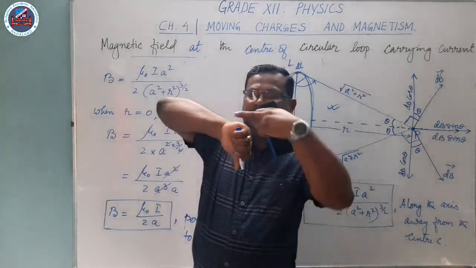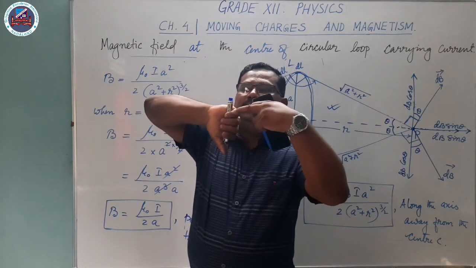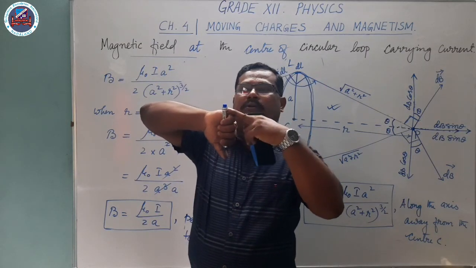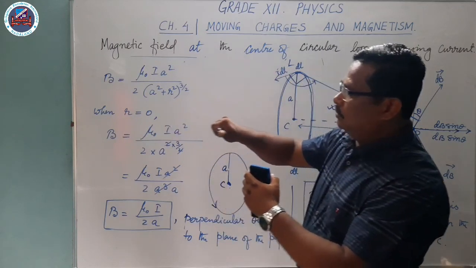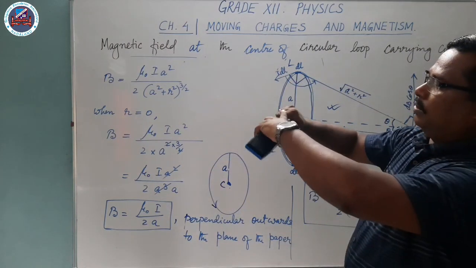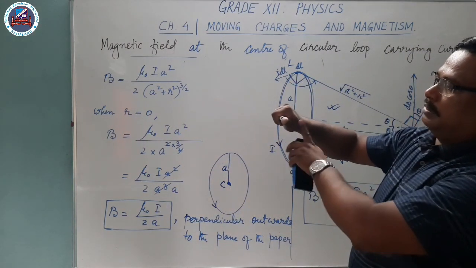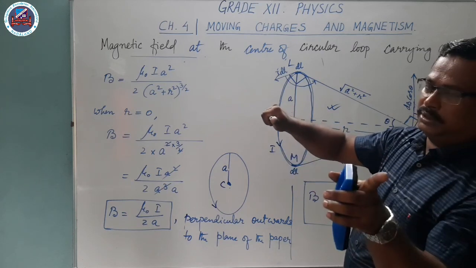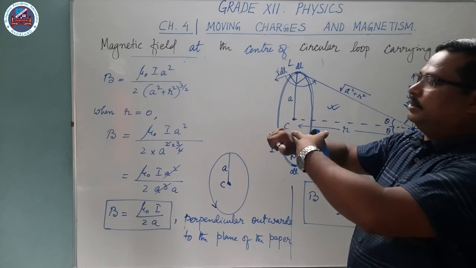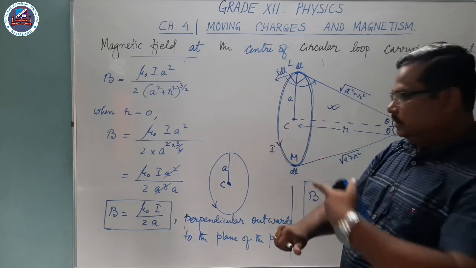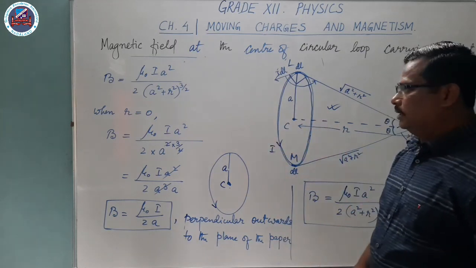If you do like this, you will check it here. Clockwise, then it will go inwards. If you look from there, do like this: anti-clockwise direction of current, perpendicularly outwards. The reverse will be, if it is clockwise, then it will be perpendicularly inwards. That you have to know clearly.